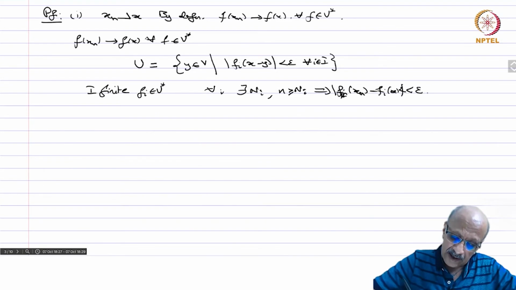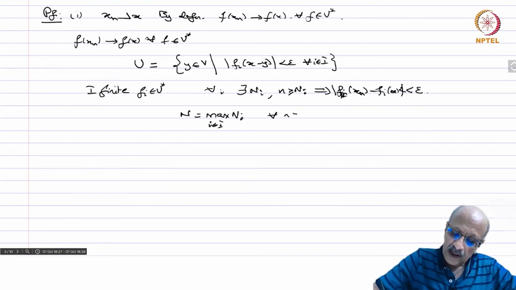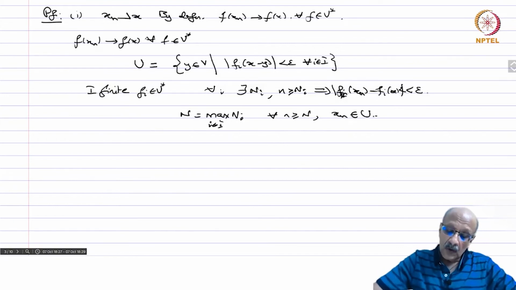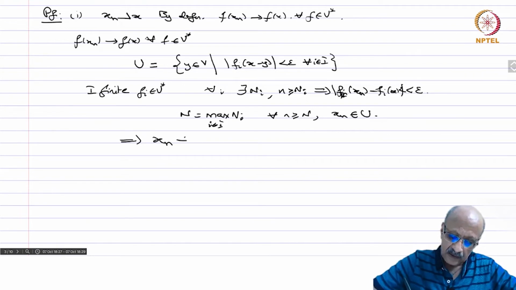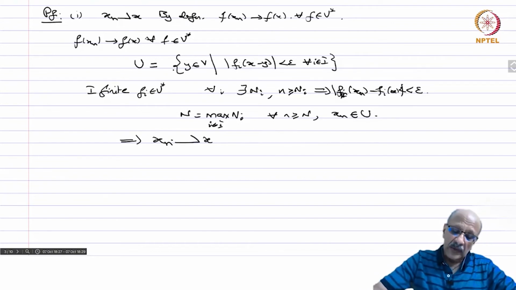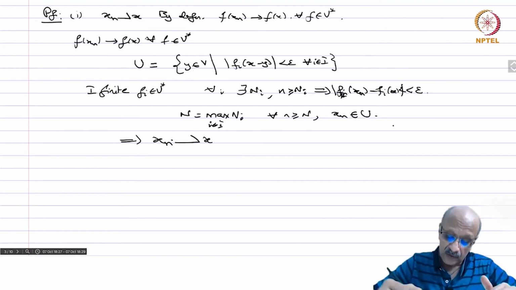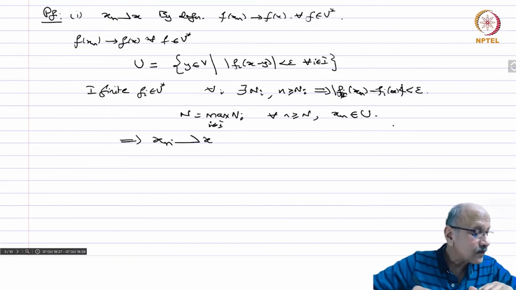Now you take N to be the maximum of the n_i's, I is a finite set, you can take that, and therefore for all n greater or equal to N you have that x_n belongs to U. So after some time the sequence belongs to any neighborhood, and therefore this implies that x_n converges to x. So given any weak neighborhood of x, after N you have x_n belongs to U, and that is precisely the definition of convergence.